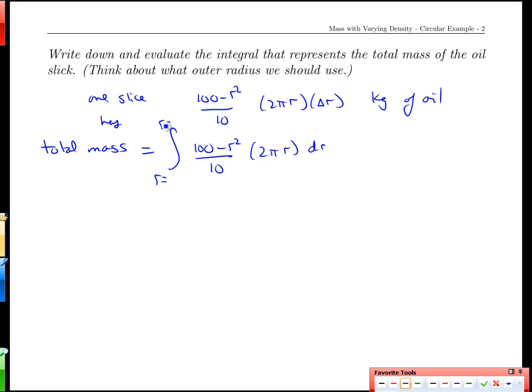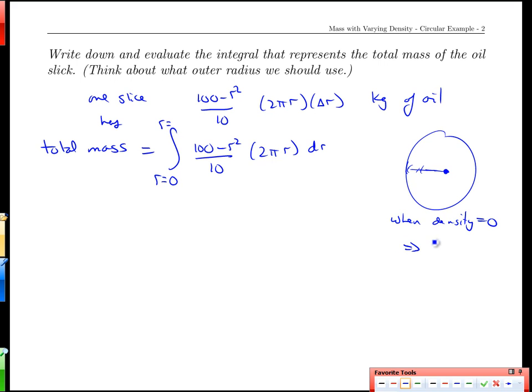Now these weren't actually given in the question like they were in some other examples, but if we take a look at our integral and ask ourselves, at what point does the density become unreasonable? If you look at how the density changes with radius, as R increases, the density goes down, and so R equals 0 is a good place to start. We'll start in the center. But at what point does it make sense to stop? I think it makes sense to stop when the density equals 0.